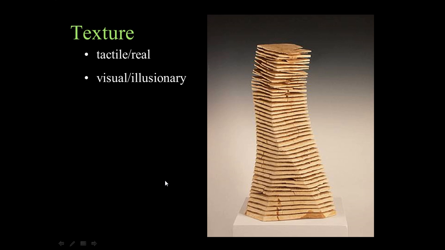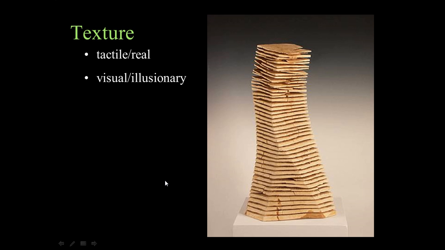When you have a painting, a photograph, a different form of printmaking, we as artists will create the illusion of texture through mark making. So it's illusionary, but it's something visual that we're trying to communicate, but isn't physically there, like you see in a photograph.